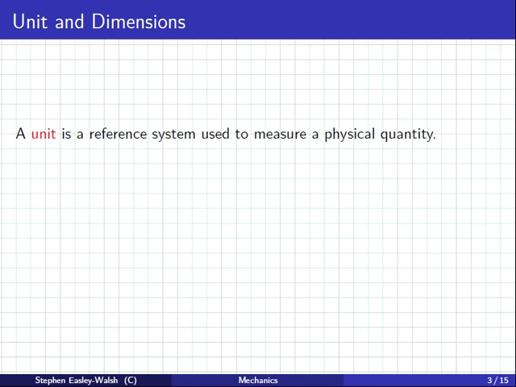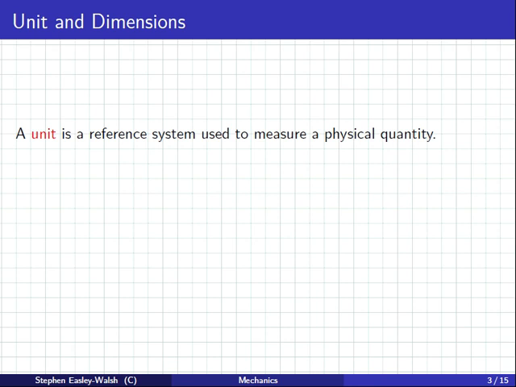So, what is a unit? I don't even think you need to write this down because I think all of you already know what units are. A unit is a reference system. It's how we measure something physical. Now, what you maybe do need to write down is what's a dimension, because I don't know if anyone knows.